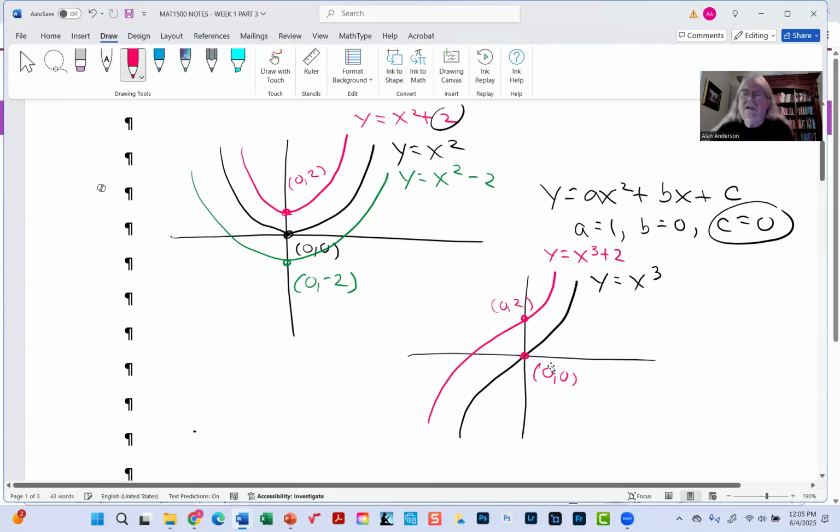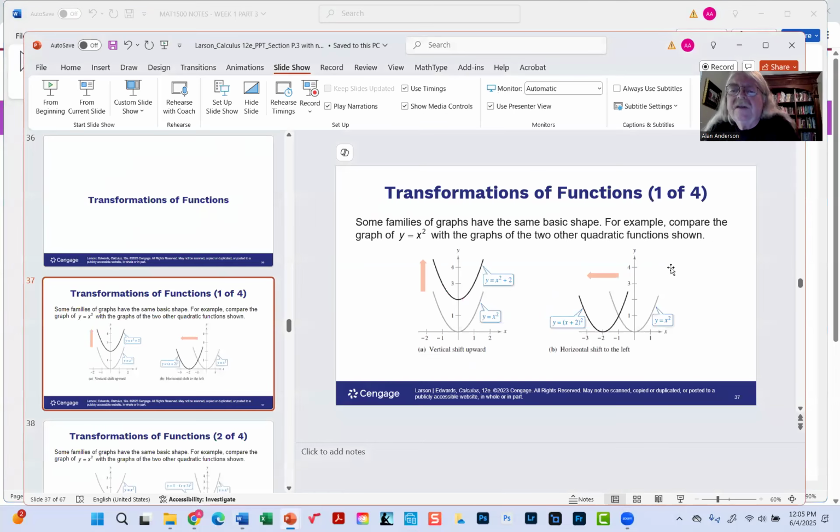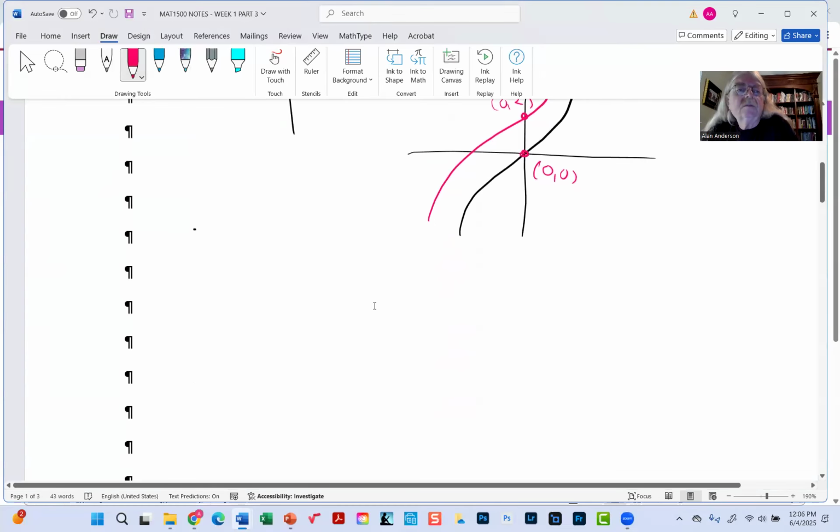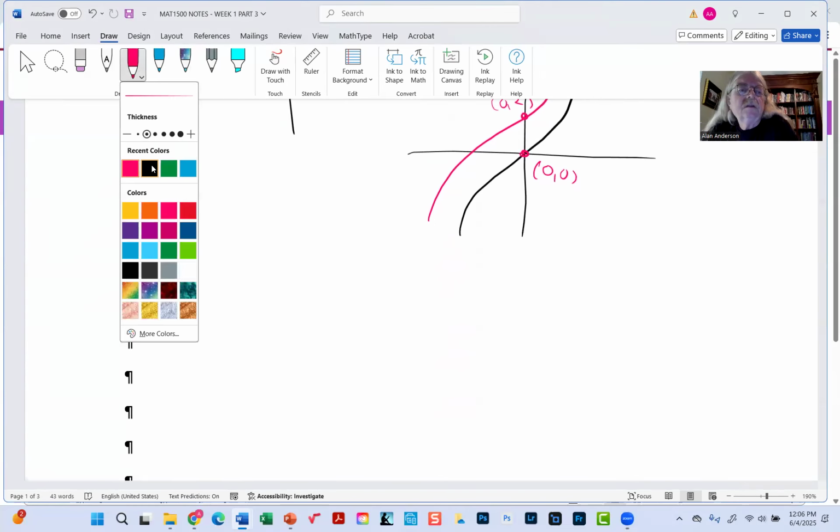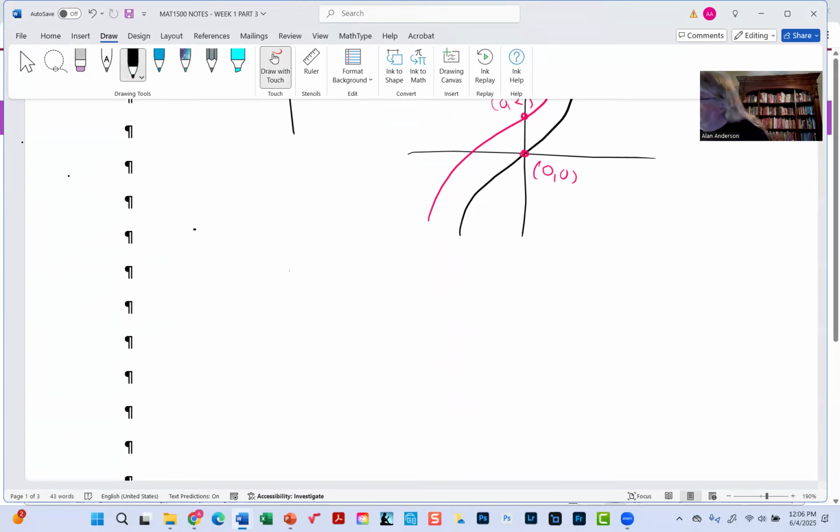All right. But in what other ways can functions be transformed? Now, this one is a little bit tricky. If you notice, they've got the original parabola, y equals x squared, which again has the same intercept 0, 0.